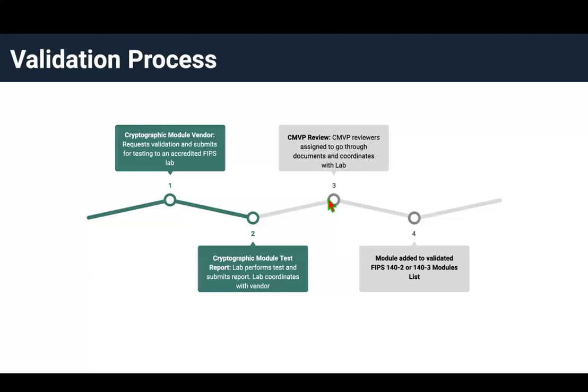If the CMVP is reviewing the submission and they find an issue, they'll send a comment back to the lab, and then the lab will coordinate with us, the vendor. So we never actually talk directly to the CMVP ourselves as a vendor. We'll get all the things fixed up, and then the lab will resubmit. This process can happen multiple times, and then eventually, once the CMVP is happy, they'll approve and issue a cert, which then gets published on the NIST website.